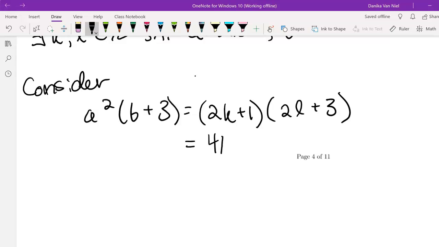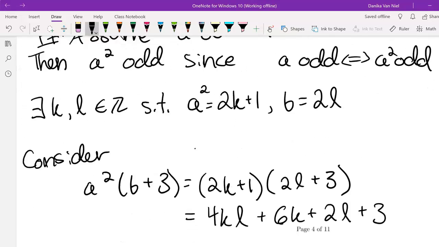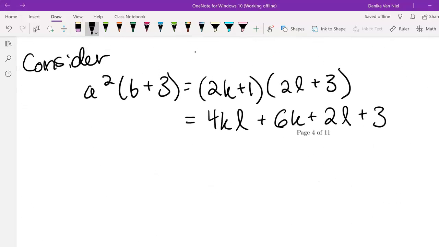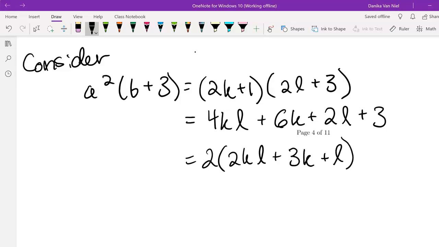Alright, so we get 4KL plus 6K plus 2L plus 3. Okay, so what am I trying to do? I'm trying to show that this thing is odd. So I'm going to want to pull a 1 out of here, because I want it to be 2 times some integer plus 1. Sometimes I usually write what I want. You can always write what you want.